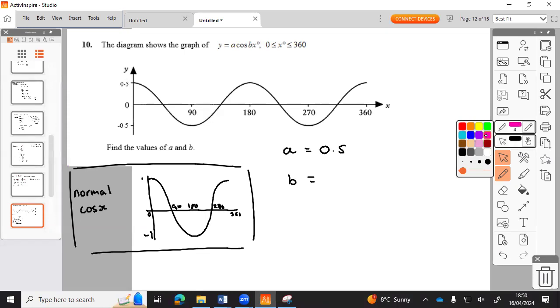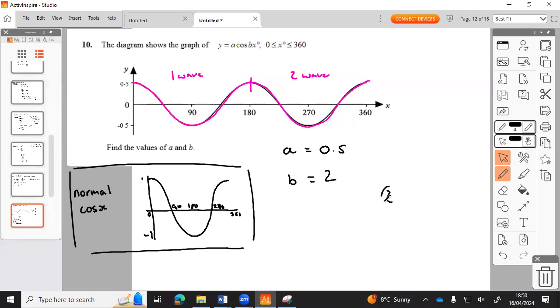One full cos wave goes from a maximum to a minimum to a maximum. So that's 1. Maximum to a minimum to a maximum, that's 2. So my B value is 2. That's it. 2 marks.